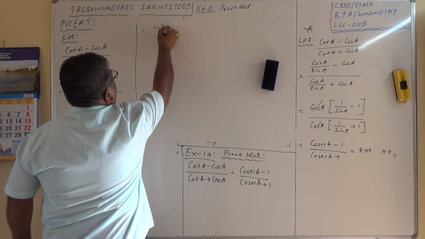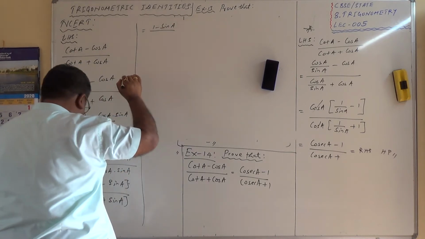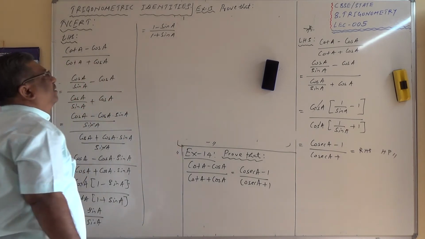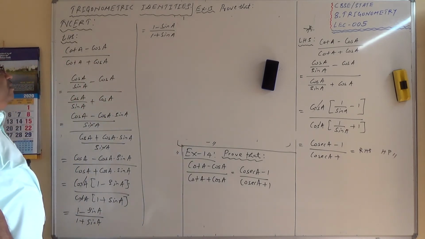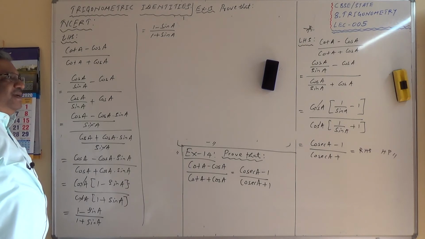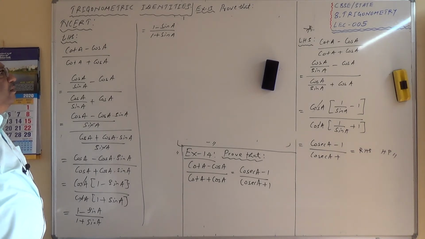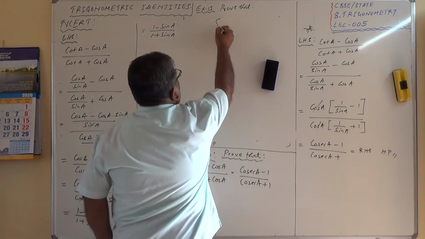Equals (1 minus sin A) divided by (1 plus sin A). Or 1, can we replace it by sin A into cosec A? Sin A will be common. Let us try this here, just a moment.